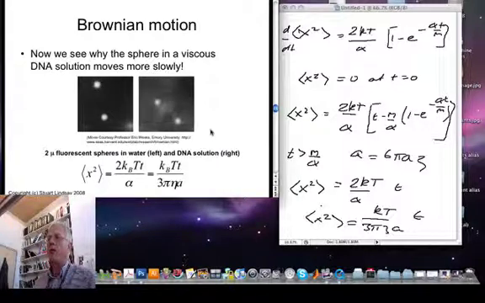And so this panel here shows polystyrene latex particles in water, and here in a solution of DNA where the viscosity is higher, and you can clearly see without even any analysis of the slides that the root mean square fluctuations of the particles are much smaller in the more viscous medium.